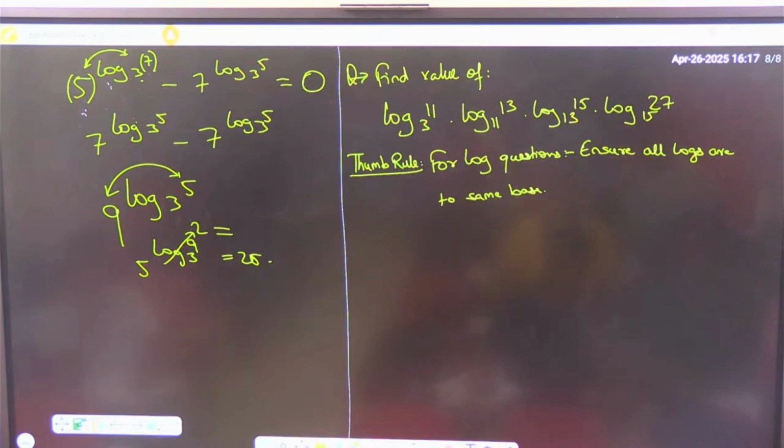But if they aren't, then what should we do? We apply the base change formula and bring them to the same base.